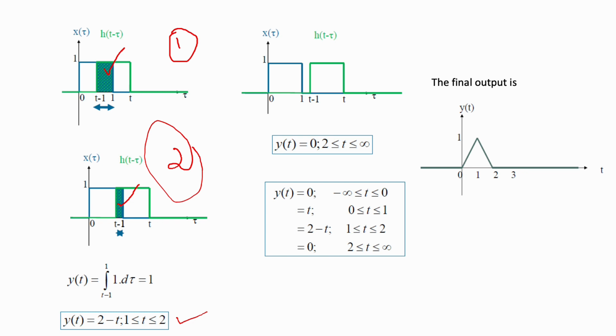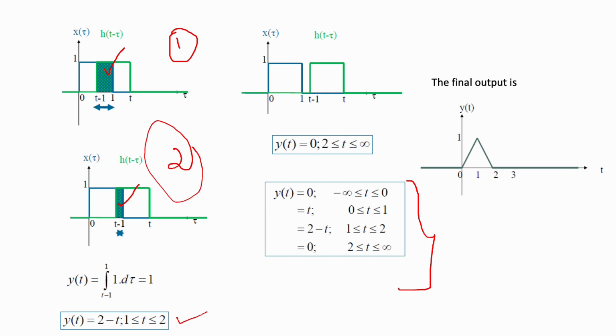So now the final answer is concluded. y of t is equal to, from step 2, 0 for negative values of t, the amplitude becomes 0. Now you take t lies between 0 and 1.